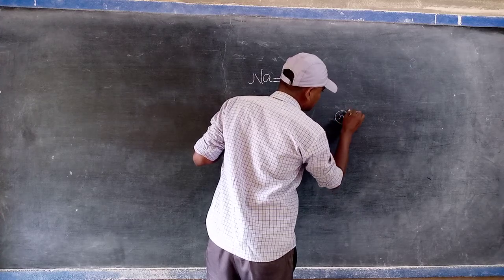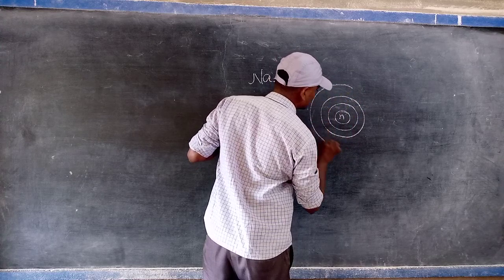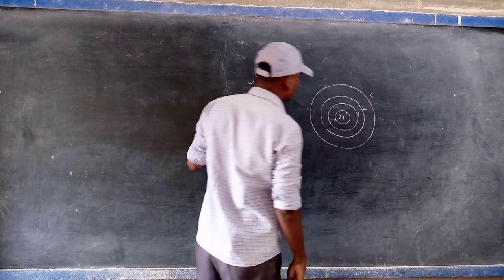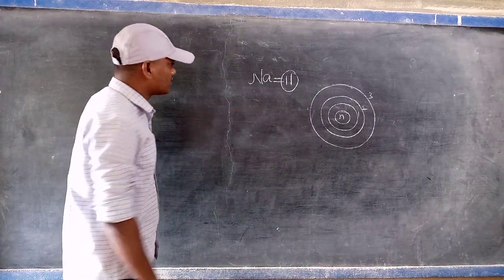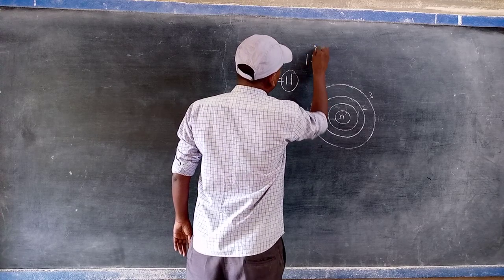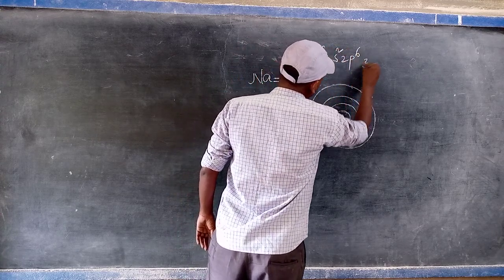It is the nucleus. First I will write the electronic configuration: 1s2, 2s2, 2p6, 3s1.